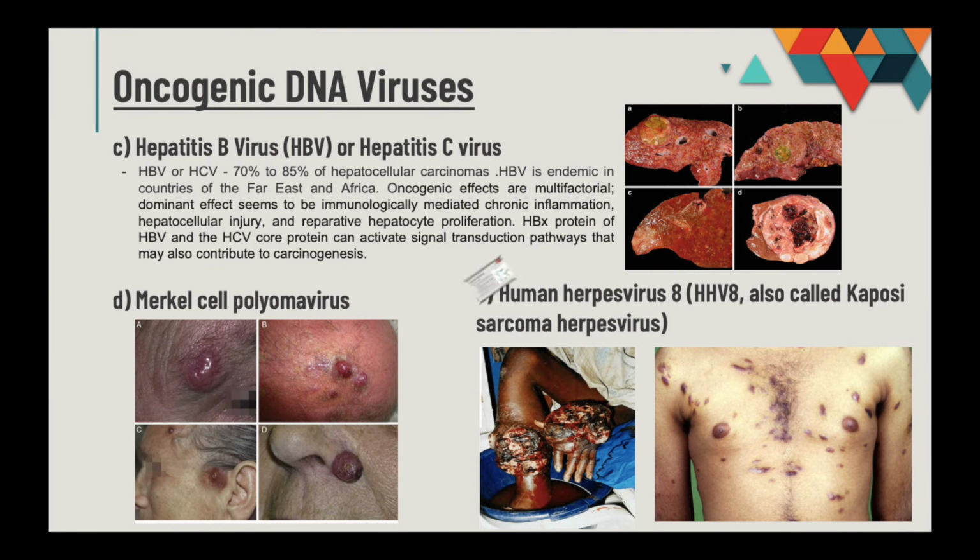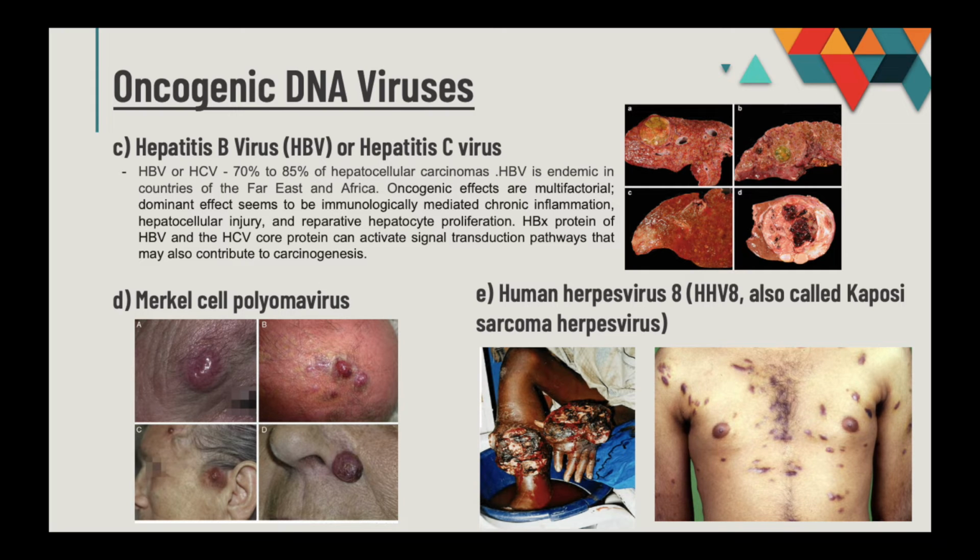The third oncogenic DNA virus is the hepatitis B virus, or HBV, and hepatitis C virus, or HCV, which account for 70 to 85% of hepatocellular carcinomas. HBV is endemic in countries of the Far East and Africa.